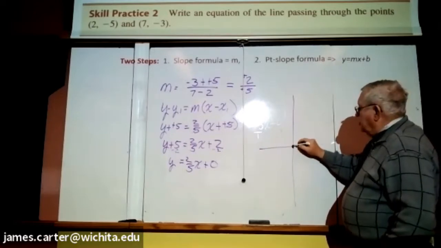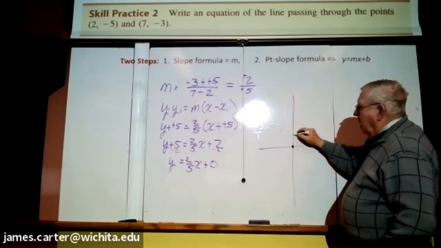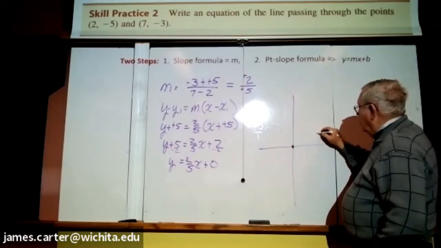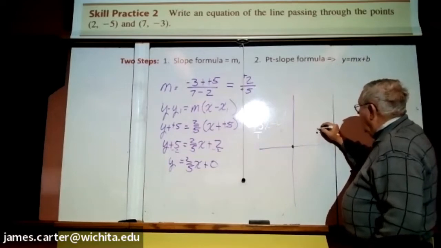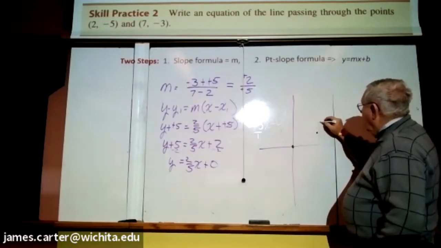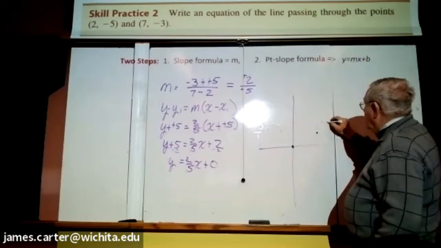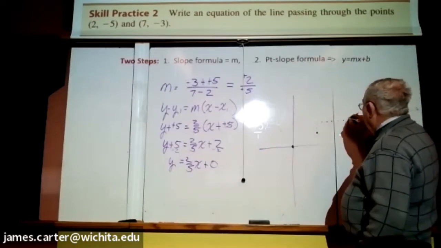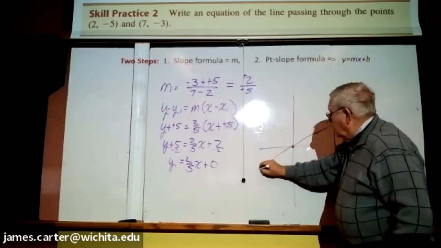And I go up 1, 2, and over 5. 1, 2, 3, 4, 5. And I go up 2 and over 1, 2, 3, 4, 5. And here is my line.